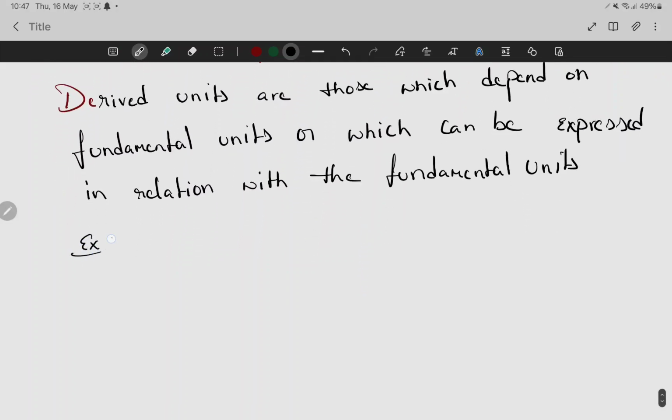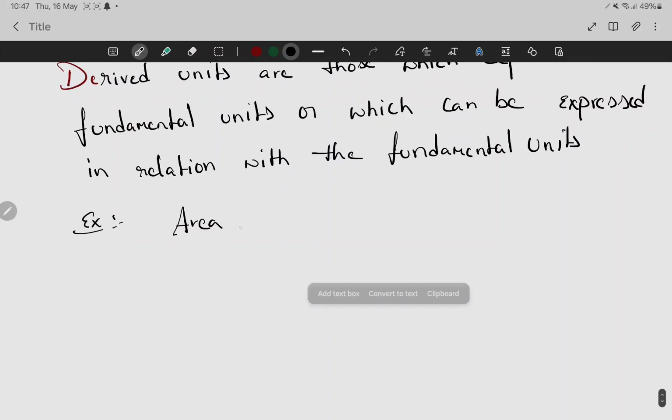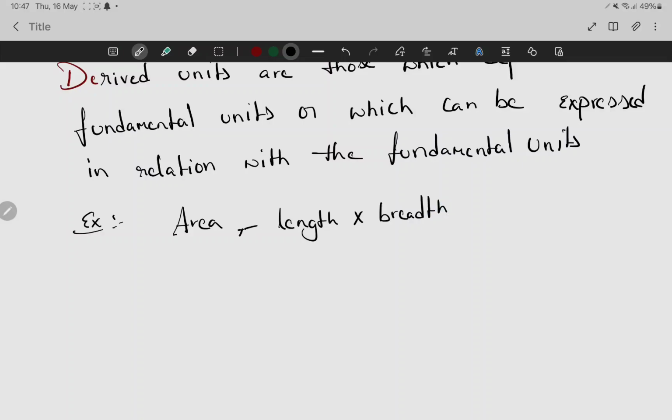Example, area. Area is nothing but length into breadth. So we express it as length into length, that is equal to length square. This is a derived unit.